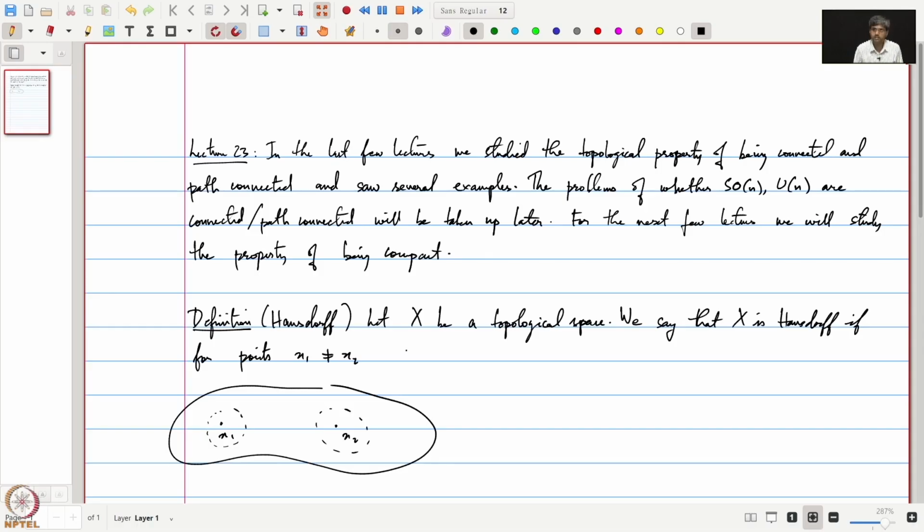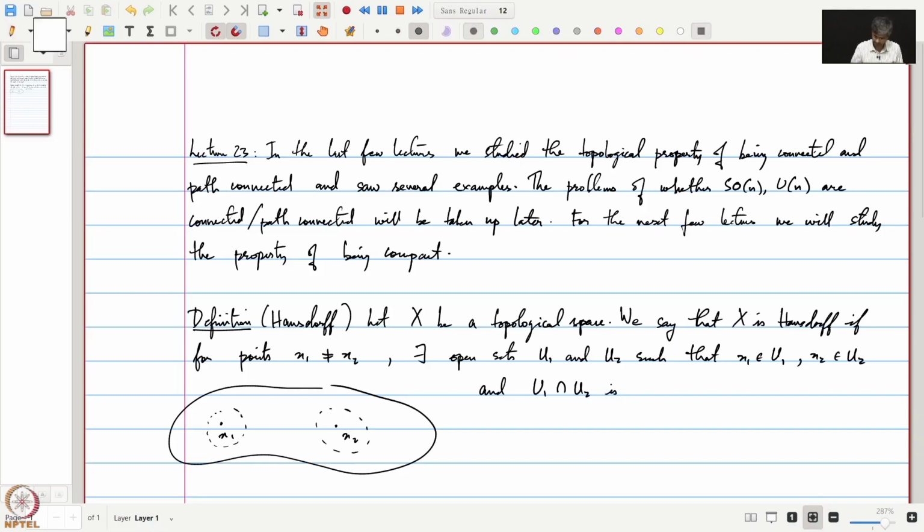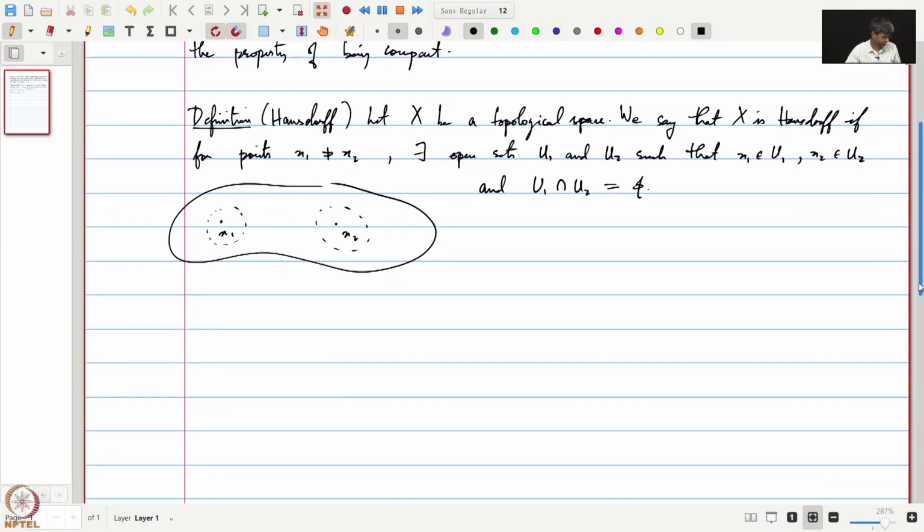So we can take any two distinct points x1 and x2 and there exist open sets U1 and U2 such that x1 belongs to U1, x2 belongs to U2, and U1 intersection U2 is empty, and U1 and U2 are disjoint. If this happens for all pairs of distinct points x1 and x2, then we say X is Hausdorff.